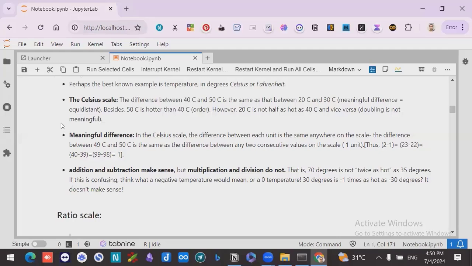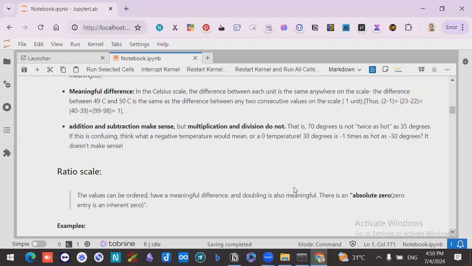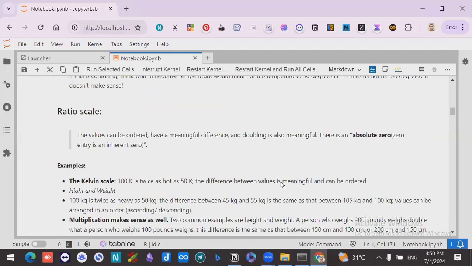So it doesn't make sense in this case. It takes some time for you to understand. Then after that we'll go to the ratio scale. So with ratio scales, when we compare with interval scale, the values can be ordered, there is meaningful difference, and doubling is also meaningful. There is an absolute zero entry, an inherent zero.